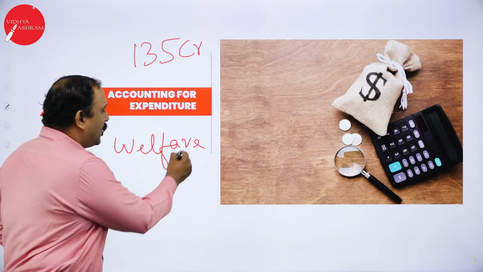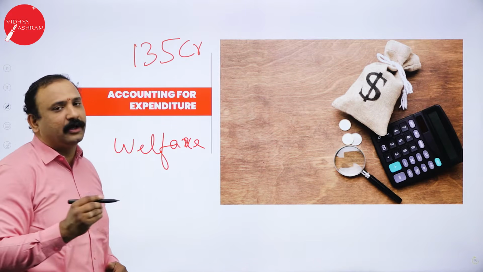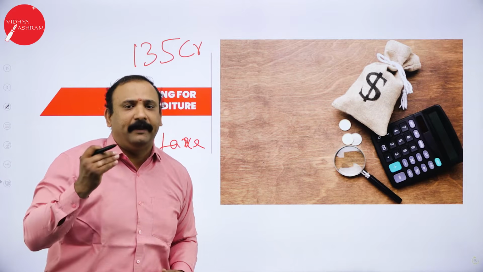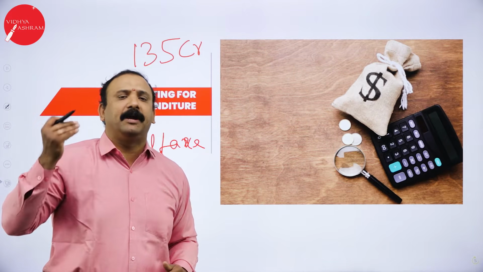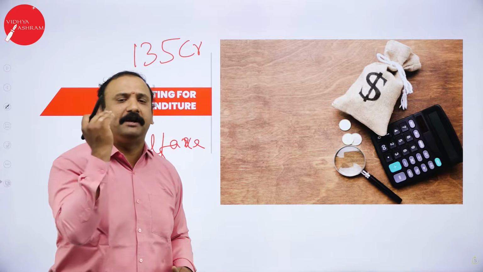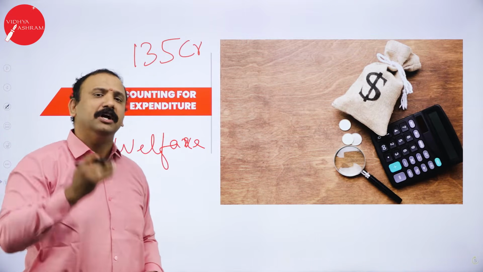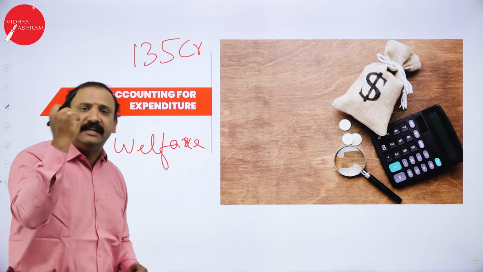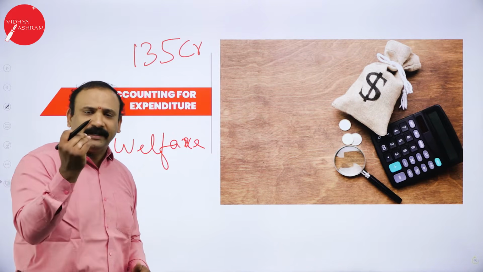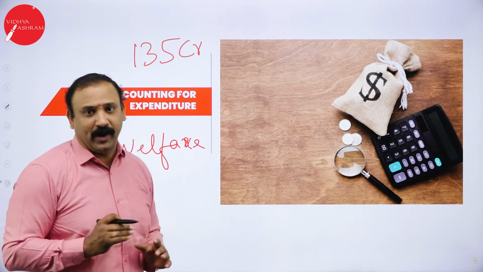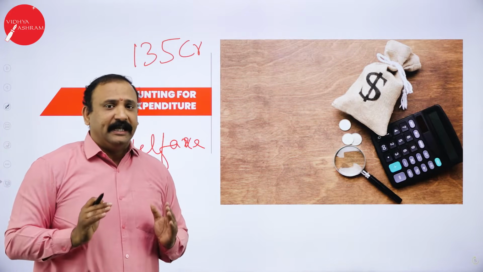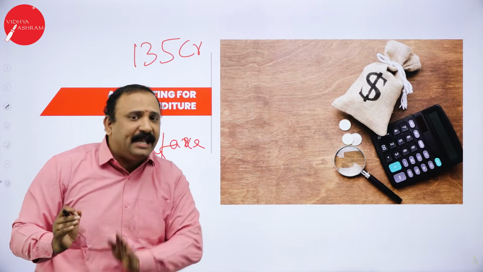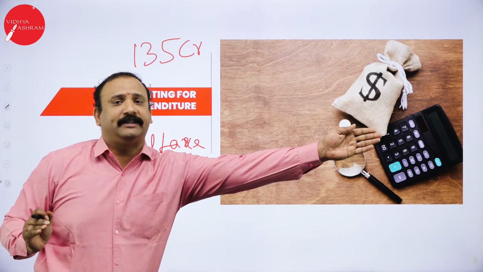It might be physical growth, education, healthcare, or infrastructure. There are so many factors. But for every single expenditure, the government has to account for it. Why? Because it is public money. It is the money that is collected from the people and diverted back to the people for their benefit.